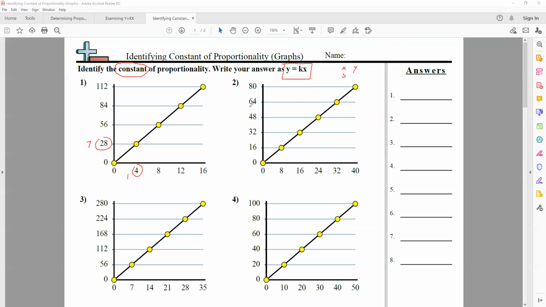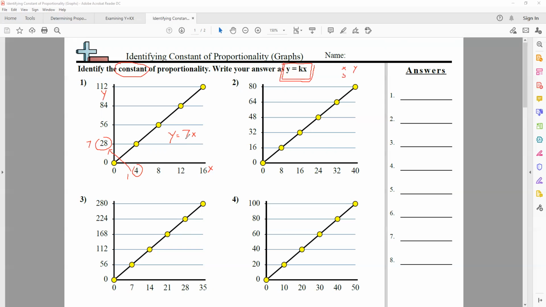So that means now you're supposed to write the equation like y equals kx. In this case, I will do y equals. Now, remember the bottom is x, and the straight vertical line is the y. So from 4 to 28, it looks like 7 times it. Then I will do 7 times x, or 7x.